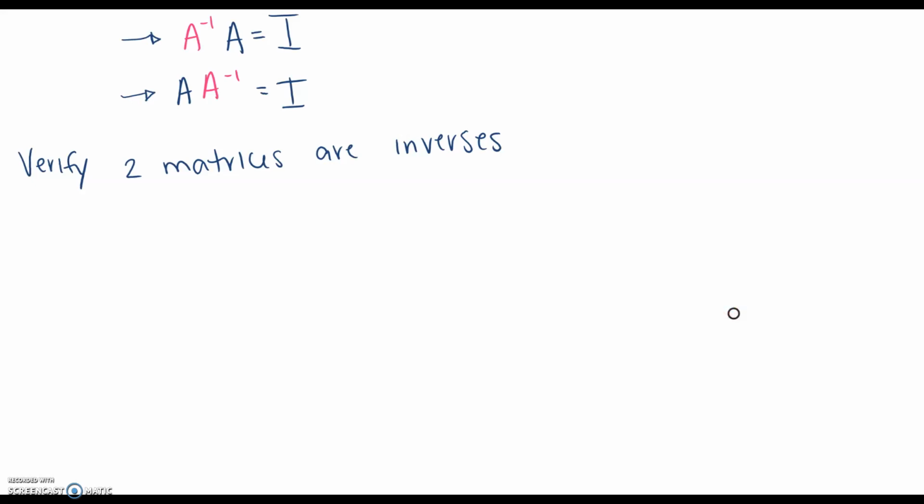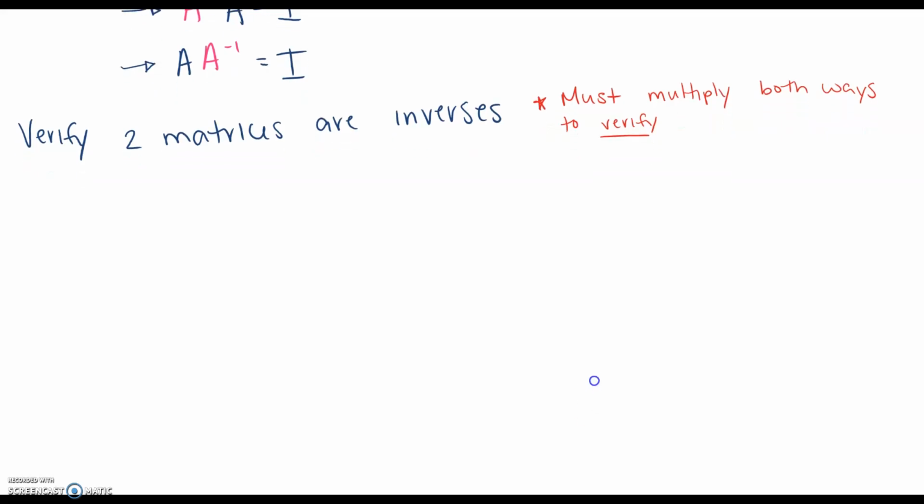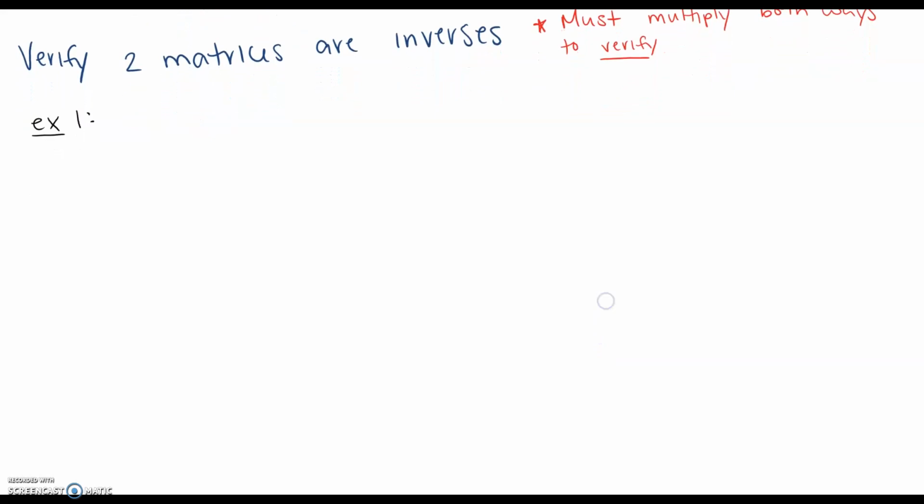This is really important, or you will not get full credit: you must multiply both ways to verify. This is partially because matrices aren't commutative, so we want to make sure it works both ways. And also because this is your first time doing matrices, and sometimes you mess up and think it works when it actually doesn't. So if we verify both ways, that's your safety net.